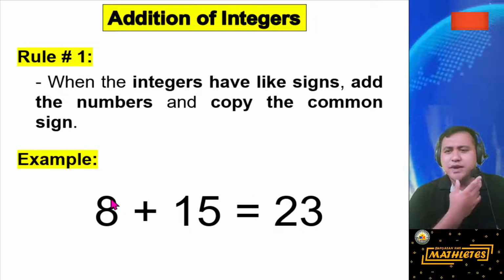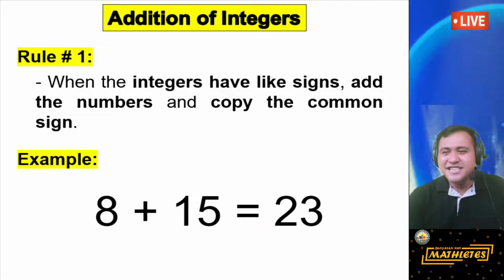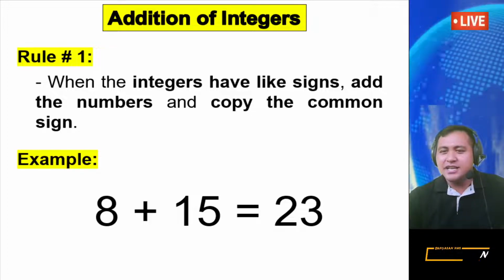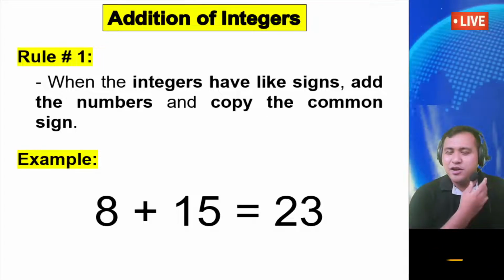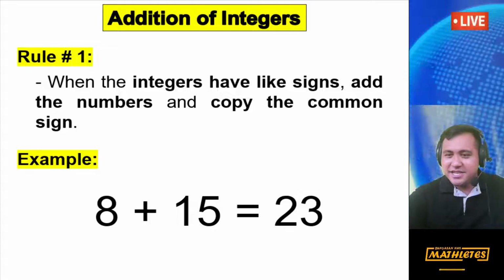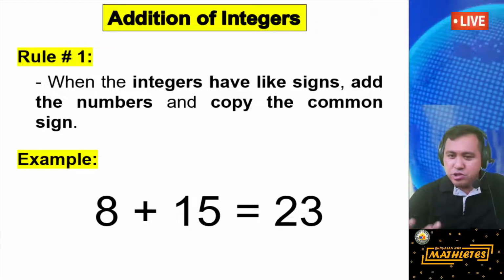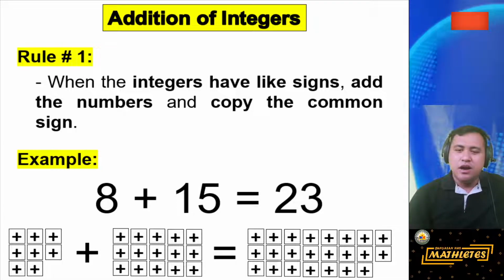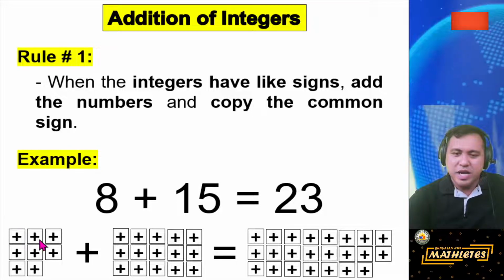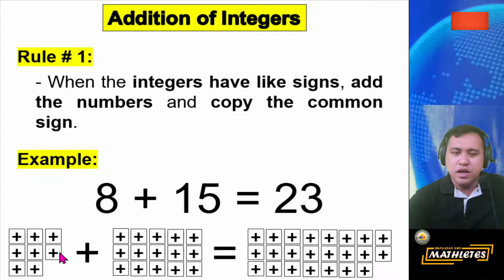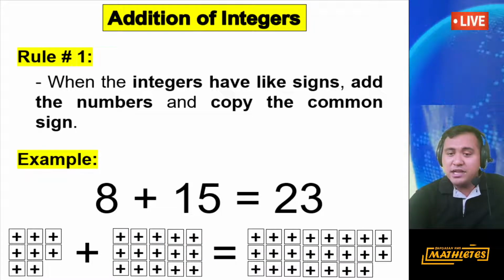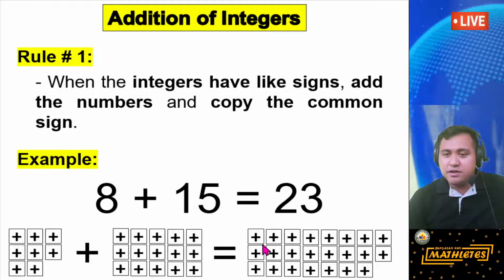Okay? Saba diri guys, saba kay kilid kalsada. Okay, so pasensya na. If we are going to show you that one using the tiles, positive 8, so there are 8 tiles plus 15 tiles nga puro positive, puro puti.